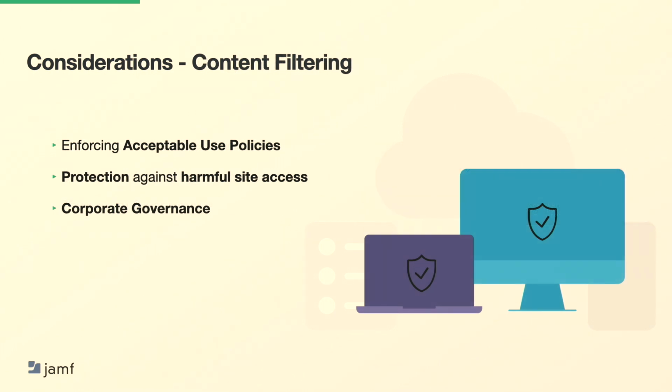Content filtering. This might be a bit contentious, but I do believe content filtering, enforcing a certain level of acceptable use policy for corporate devices, is quite important. It's also beyond ensuring that users follow rules. It's also helping protect the average Joe Blow on what they do look at. So it's a kind of safeguard, a wall to protect them as much as they believe that they know what they're doing.